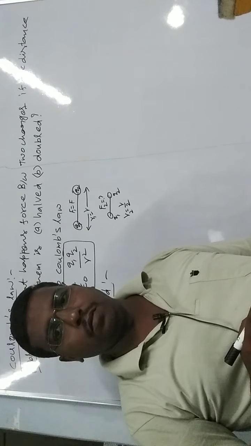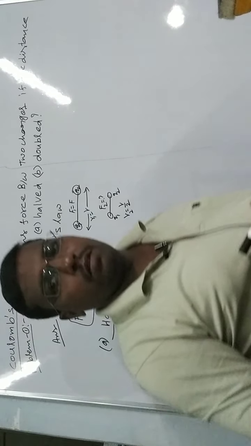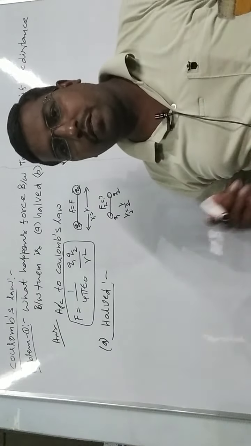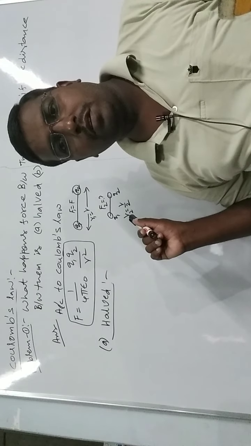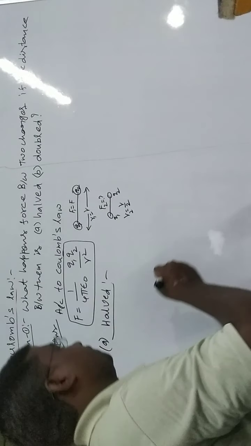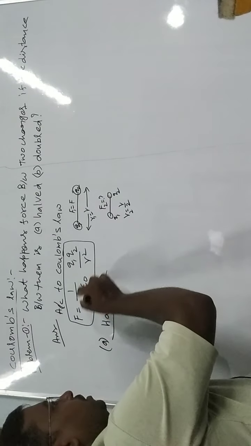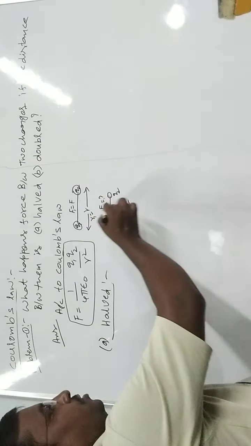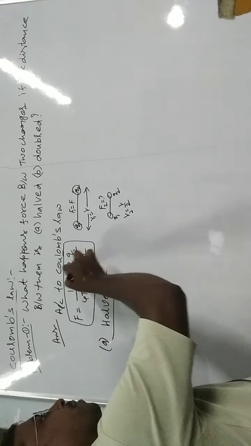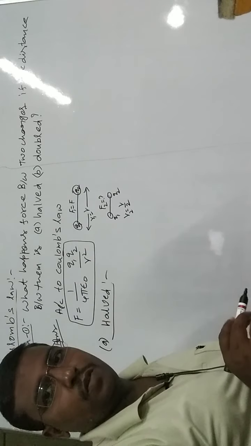Okay students, do you understand this problem and this concept? In this situation the force depends on distance, not on the charges and not on the 1 by 4 pi epsilon naught value.